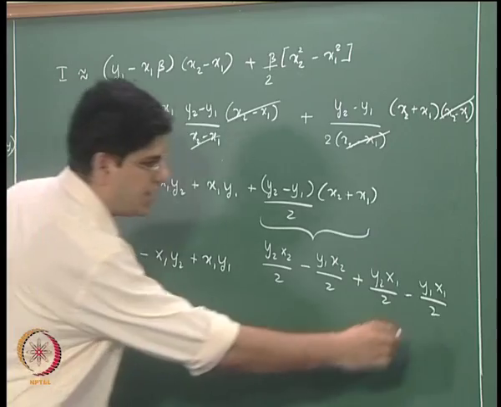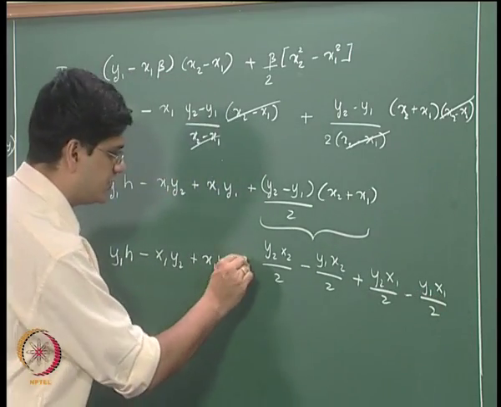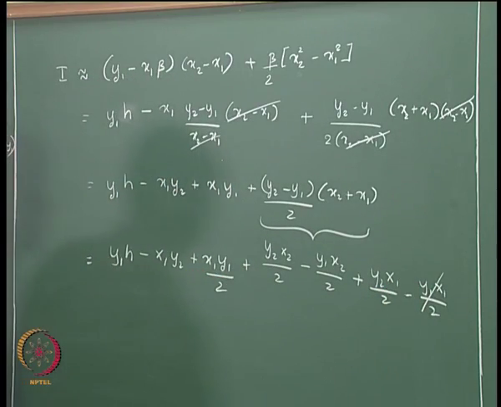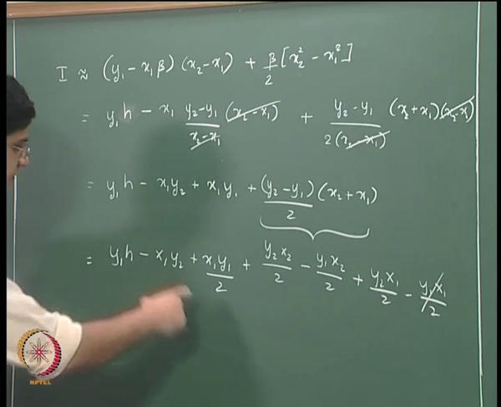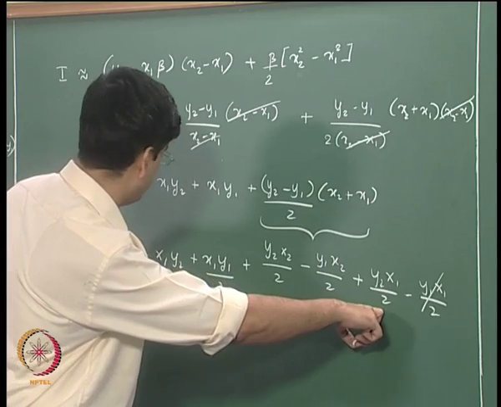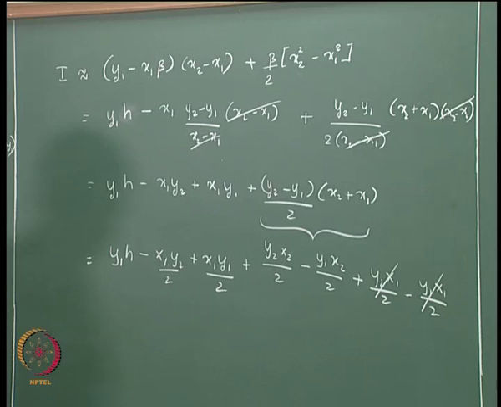We have x1 y1 by 2 and x1 y1 over here, so this will get cancelled and we will just divide this by 2. We have x1 y2 and we have this x1 y2, so this will get cancelled and we will just be able to divide this by 2.